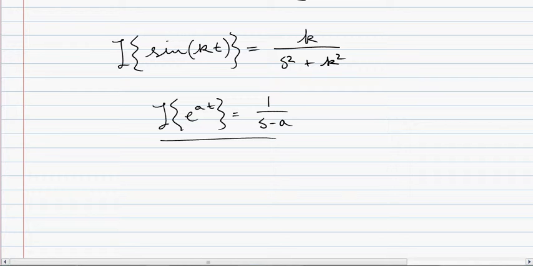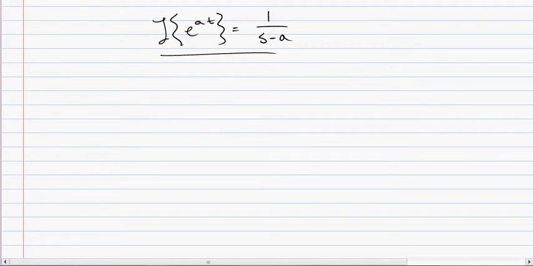Okay, so how are we going to use the Laplace transform to solve a differential equation? First, we need to know what the Laplace transform of a derivative of a function is.